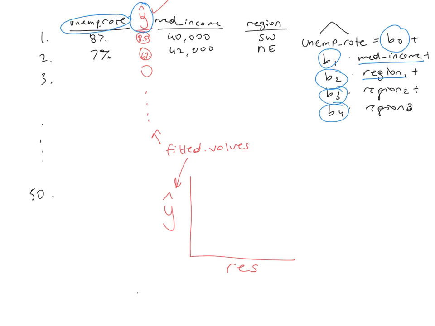What would the residual for that state be? Positive 1. So I can calculate all of those as well, and then what ends up going in my scatter plot is those combinations of data. So 8.5% and negative 0.5%. So maybe that first point is somewhere over here, if this is the 0 residual.